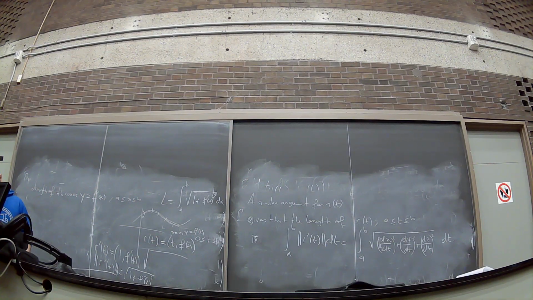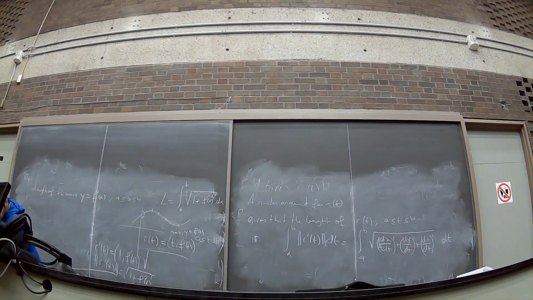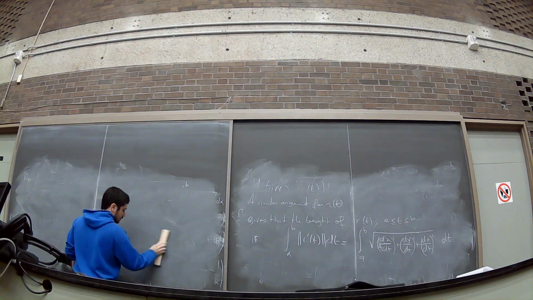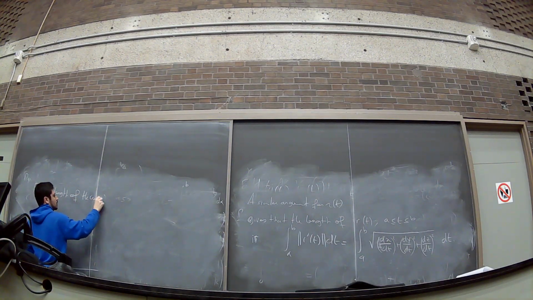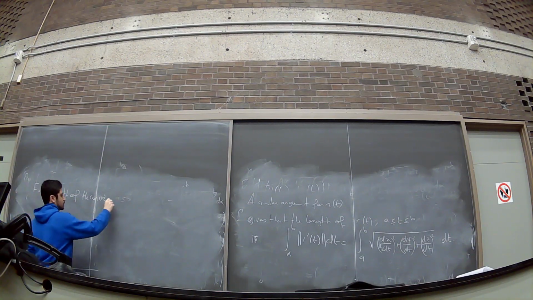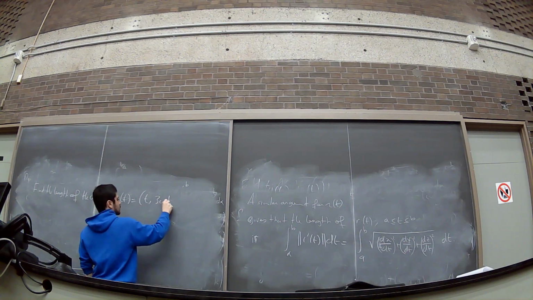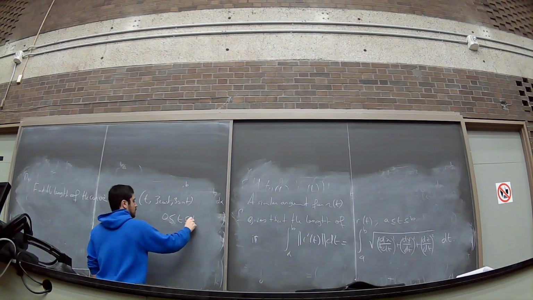Let's do an example. Find the length of the curve with r of t equal to cos t, sin t, 3t, for t between 0 and pi over 4.